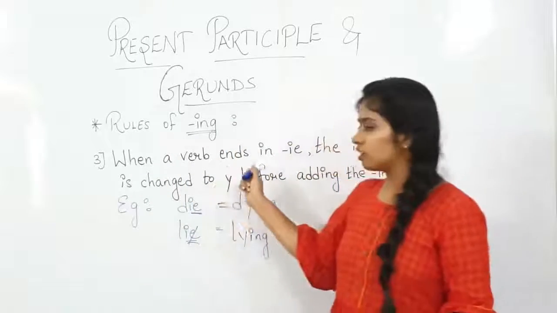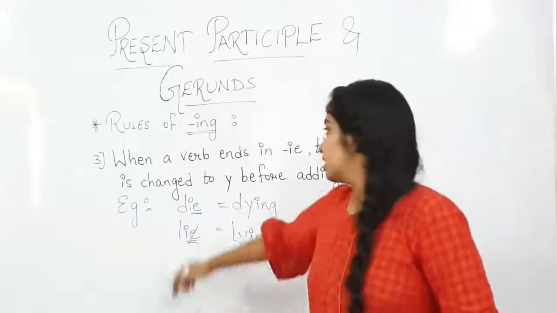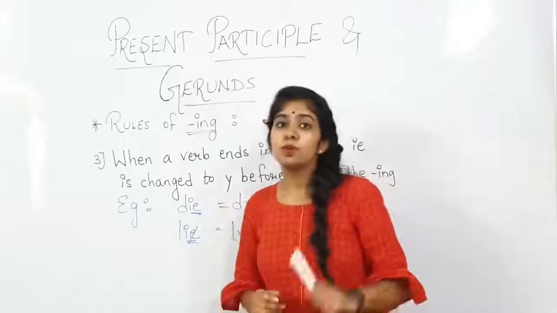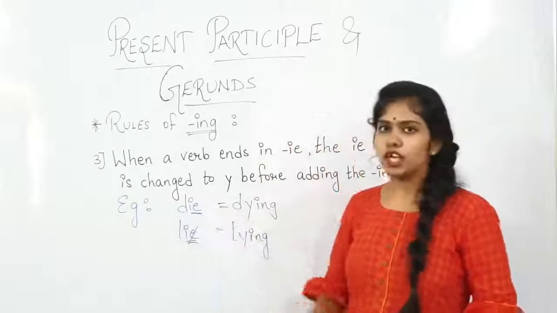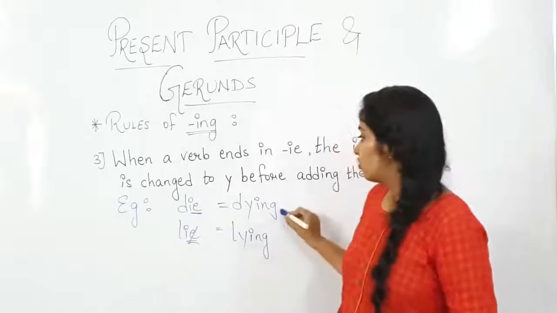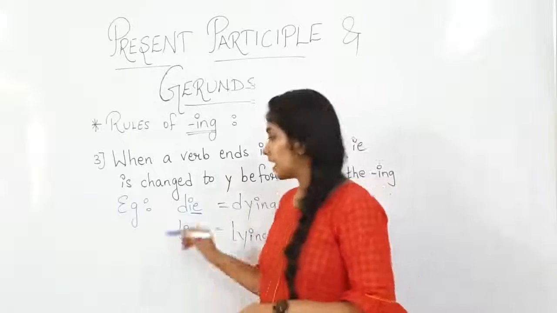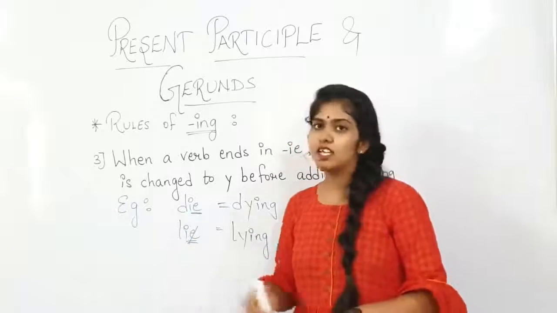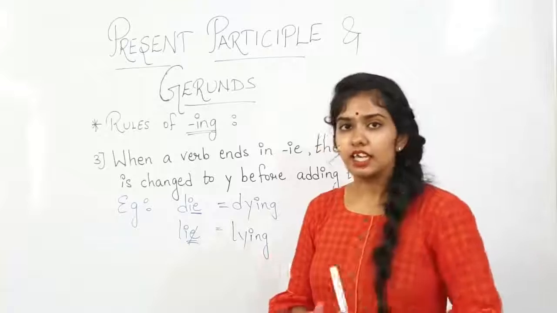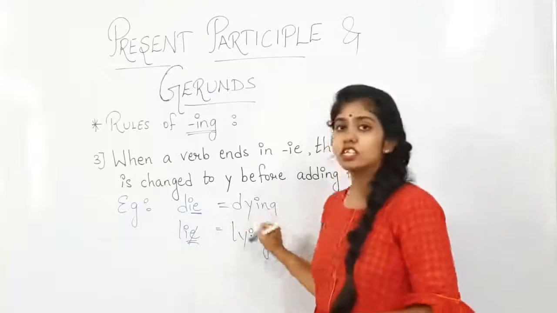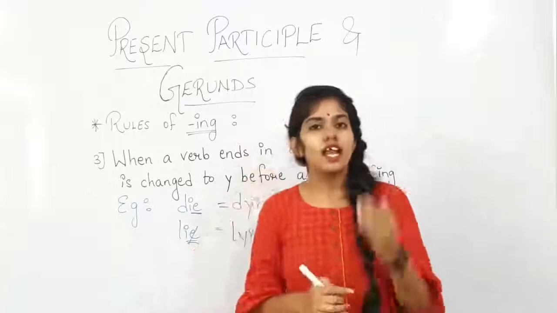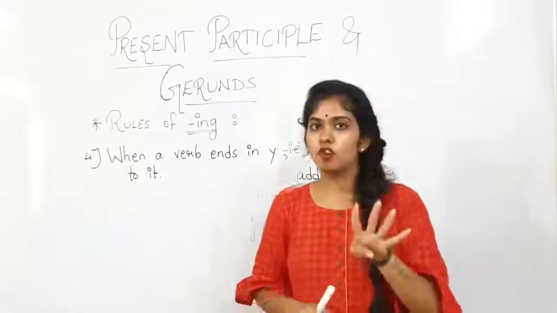And in the third rule, whenever the word ends in ie, then we will not write ie, we will cut ie and we will add y in place of ie, and then we will add ing. So these are our three rules, and now the last rule we will understand, that is the fourth rule.